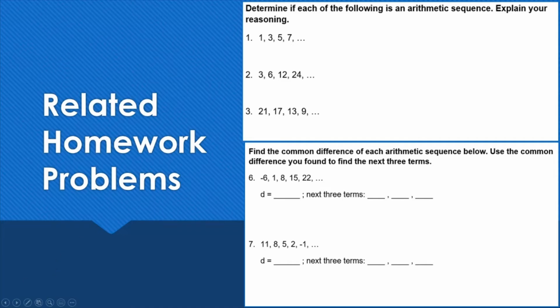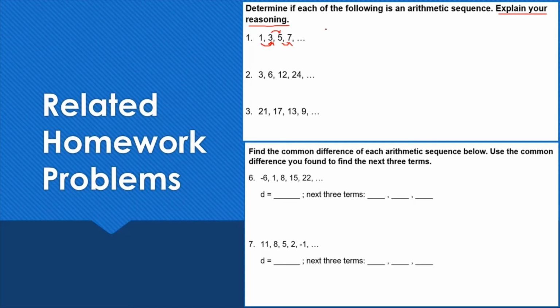If they are not, then it is not arithmetic. So it's just to give you an example of what we're looking for in this type of problem, especially for the explain your reasoning portion of this, which is a huge key. How you would go about doing that is you can do arrows like this, and you just want to find that difference between these 2, and then between these 2 at the end.